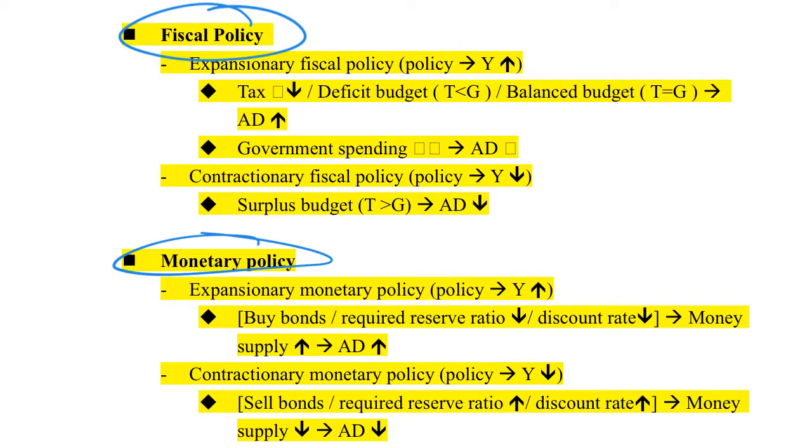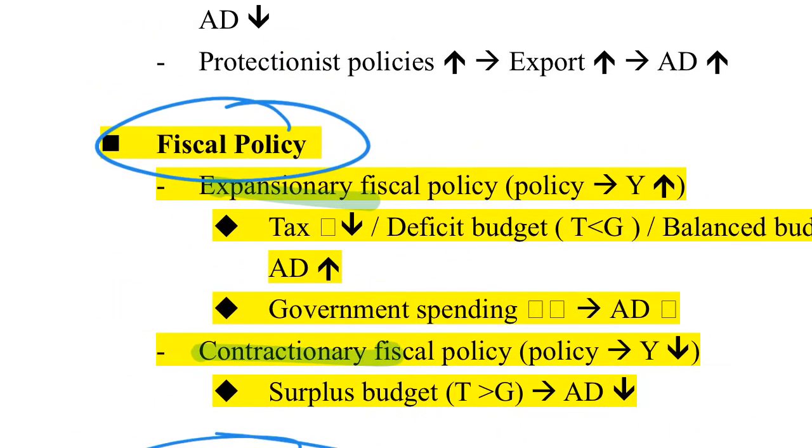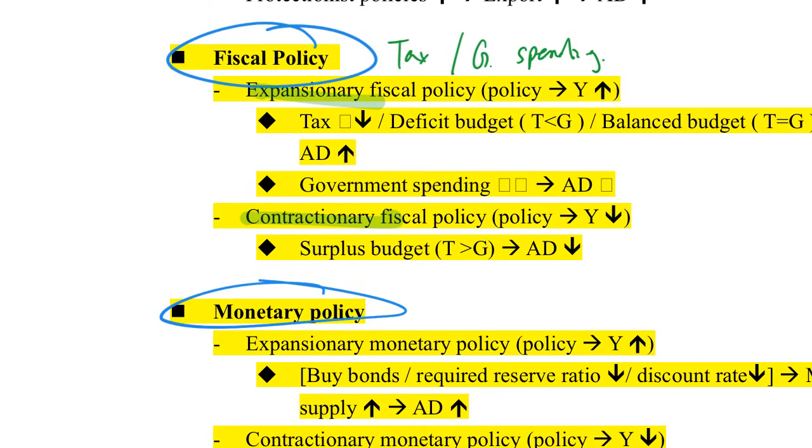Both of them have two keywords: expansionary or contractionary policy. When we're talking about fiscal policy, we are talking about tax and government spending. Expenditure, we call that. Or maybe I have to use the right name: government expenditure.